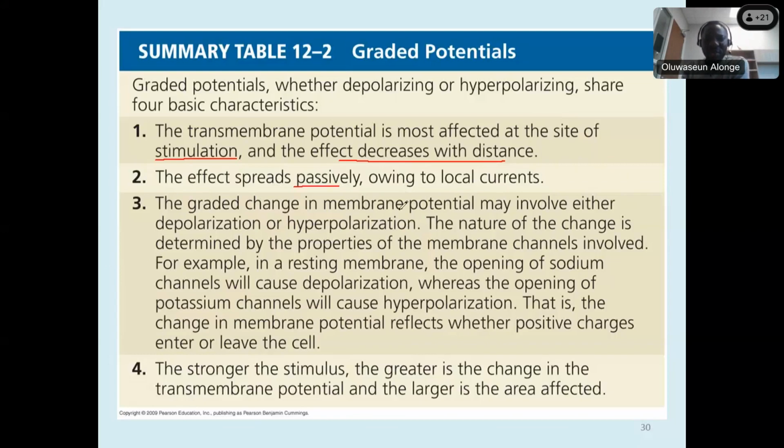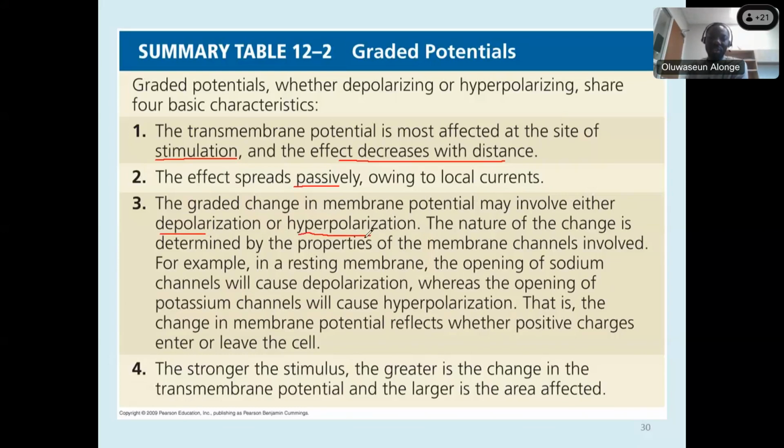The graded change in the membrane potential may involve either depolarization, meaning that the membrane becomes more positive inside than it was, or less negative than it was, or hyperpolarization, which means more negative. Normally it's negative 70. So if it goes to negative 75, if it goes to negative 80, that is hyperpolarization.